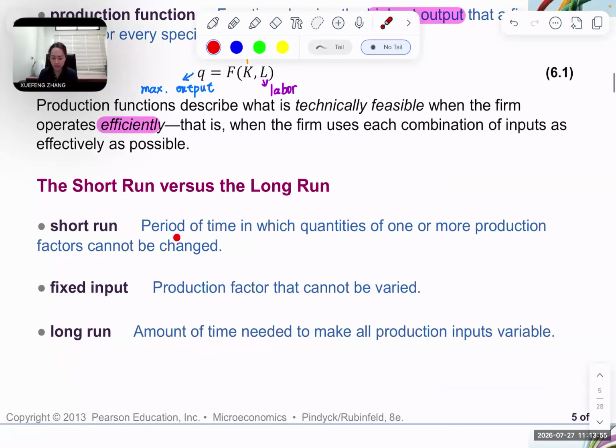Now, short run versus long run, okay, not about calendar time, it's about flexibility, right? Short run, period of time in which quantities of one or more production factors cannot be changed, which means that at least one input is fixed.